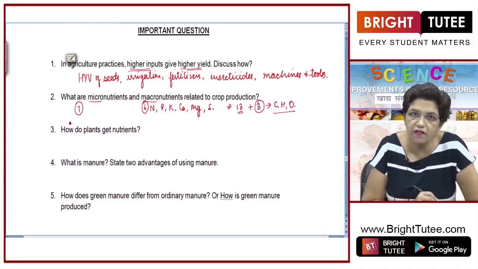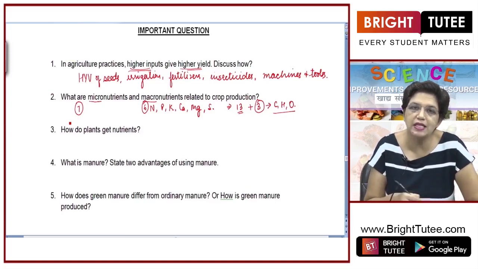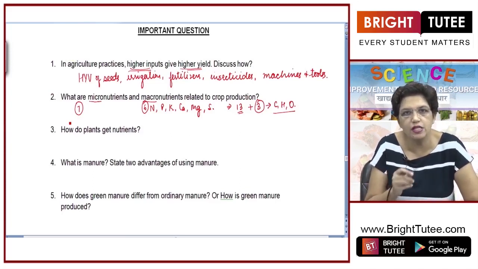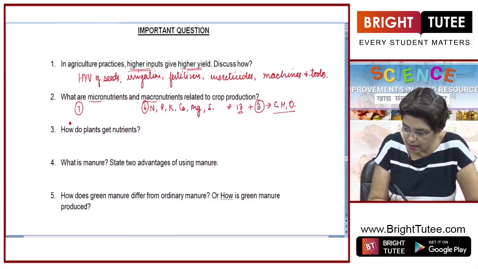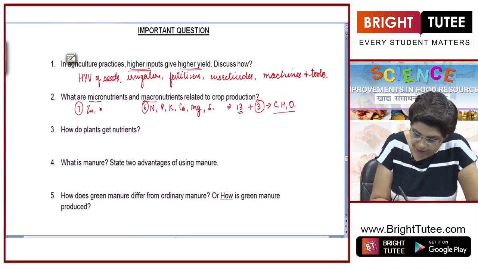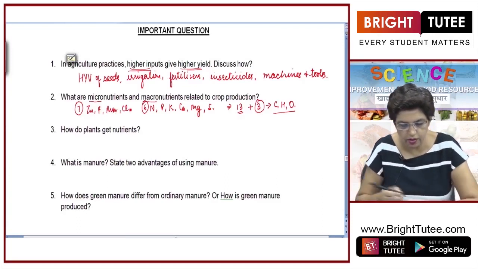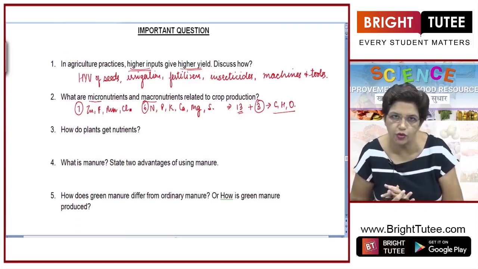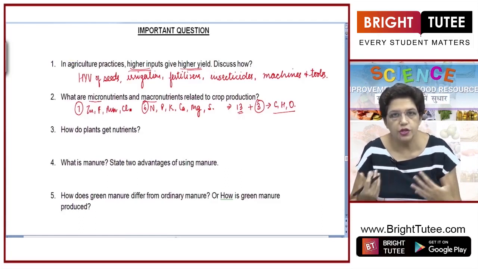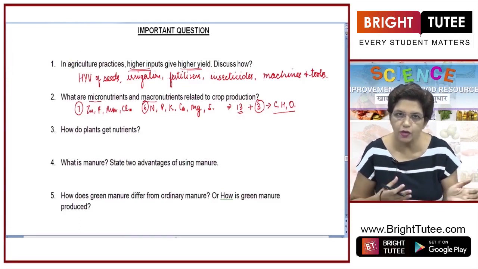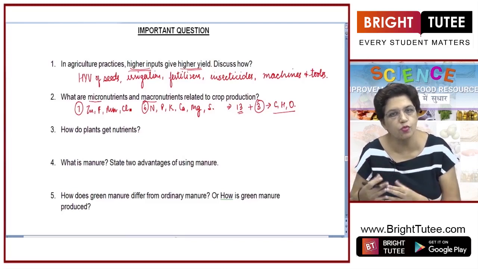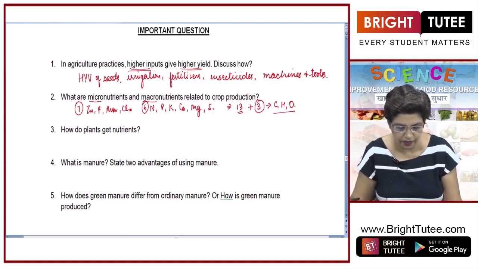Apart from this, there are 7 micronutrients which plants need from the soil, but in very small quantity. The examples can be zinc, iron, manganese, then chlorine. There are 7 such micronutrients. So these are nutrients required by the plant. Micro means in small quantities, macro means in larger quantities.